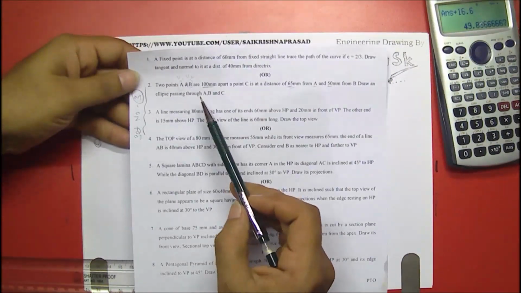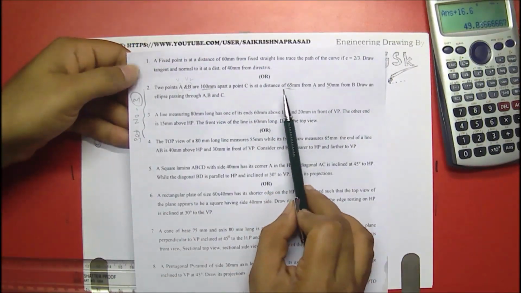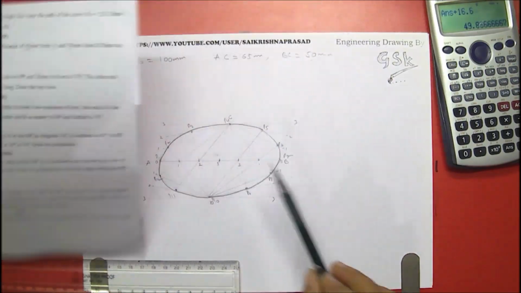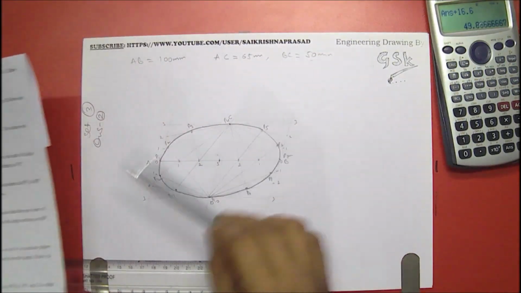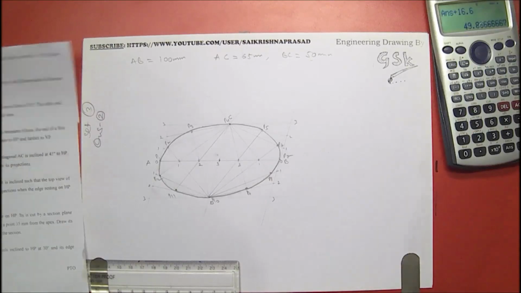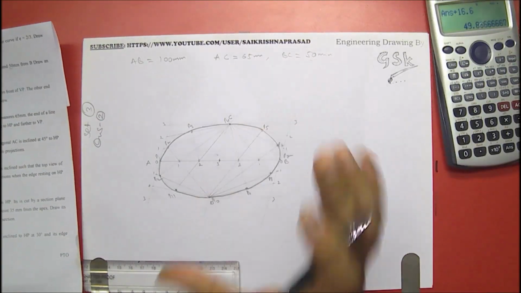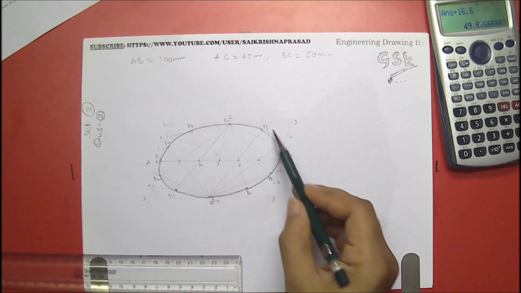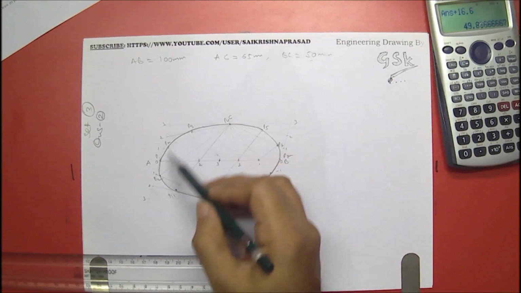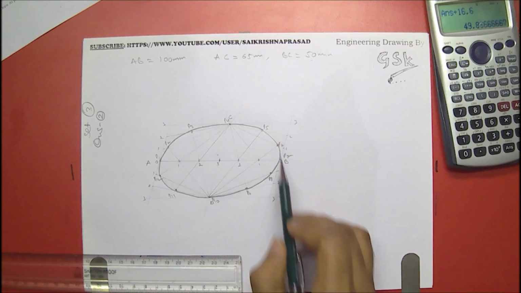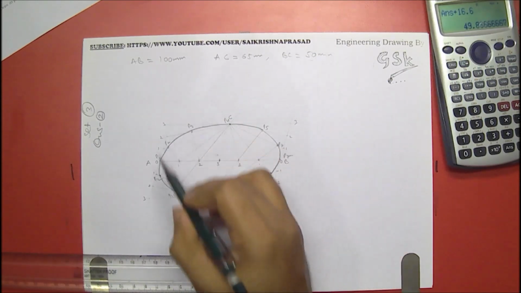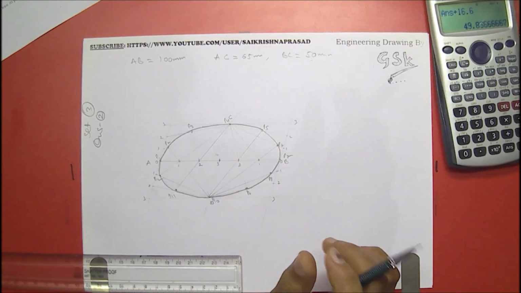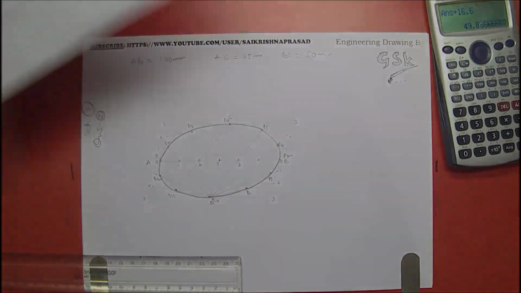Here it is not asked that you have to draw the tangent and normal for these type of figure. So by this, if we draw like this, we will be getting 15 marks out of this question. So here also you can see that I have drawn the ellipse dark, and I have mentioned the dark points. The rest of all is very light. I hope everyone understands this one.